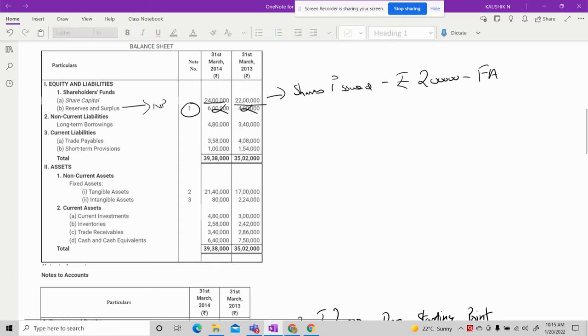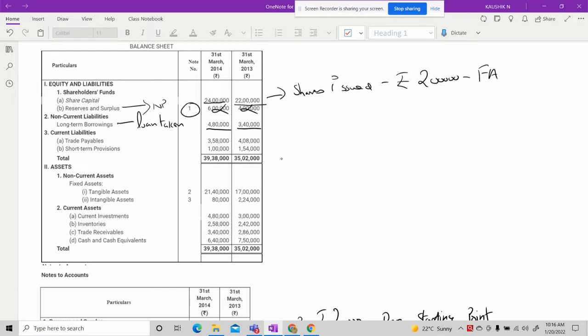Once again moving on to the balance sheet. Given here is long term borrowings, and they have not mentioned whether it is a loan or a debenture. When the information is not clear, you can take this as loan taken. Let's compare the value of previous year and current year. In the previous year it was rupees 3 lakh 40,000.